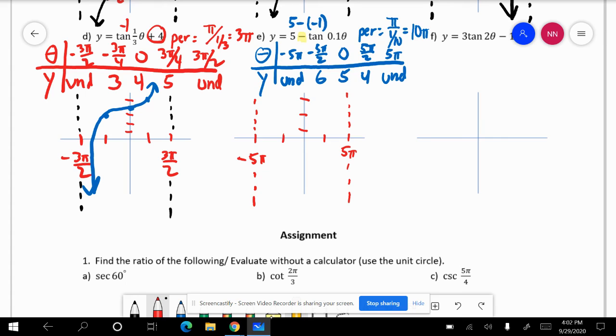I'm going to go by 2's. And I have 6, 5, and 4.